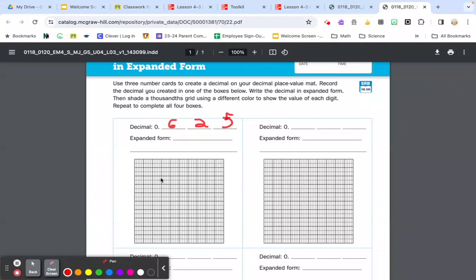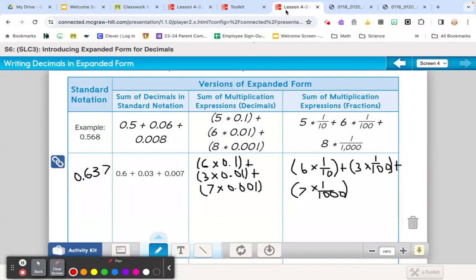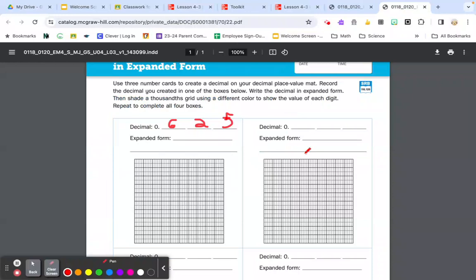Once you've shaded them in, on this line, you may write it in expanded form. You may use any of the expanded forms that you have learned about. So if you want to do standard, if you want to use the sum of multiplication, or the sum of multiplication with fractions, you may. It does not specify which one you must write.